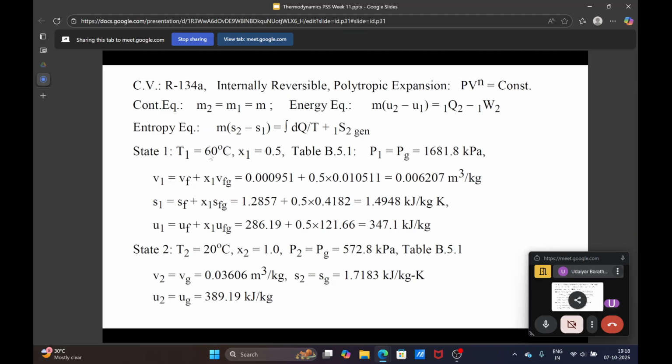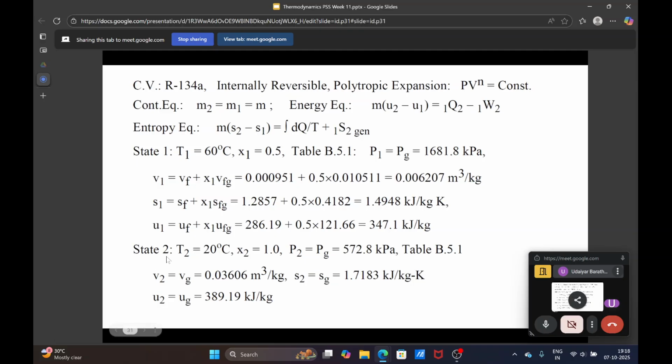So T1 is at 60 degrees Celsius and X1 of 0.5, so that gives you a pressure of 1681.8 kilopascal, and the specific volume is 0.006207 meter cube per kg, and entropy is 1.4948 kilojoule per kg Kelvin, and U1 is 347.1 kilojoule per kg.